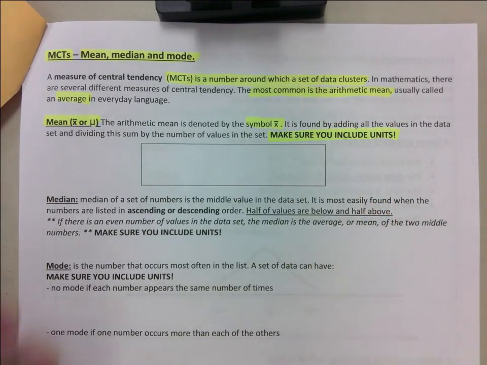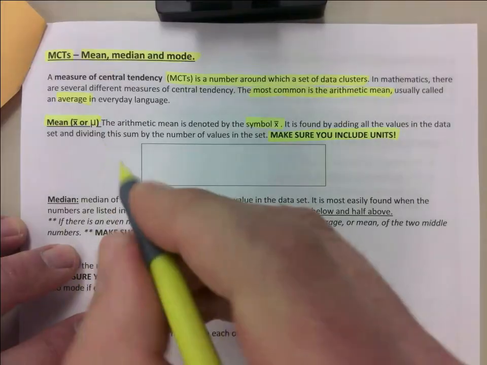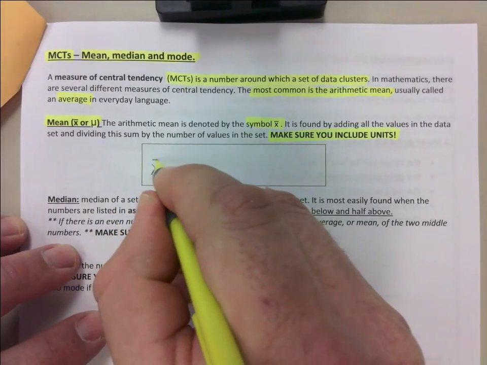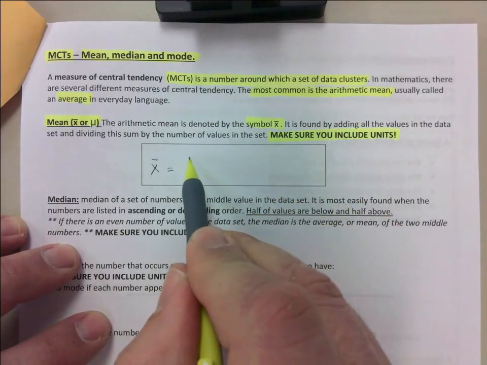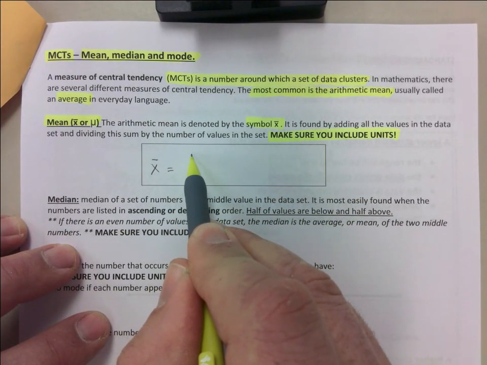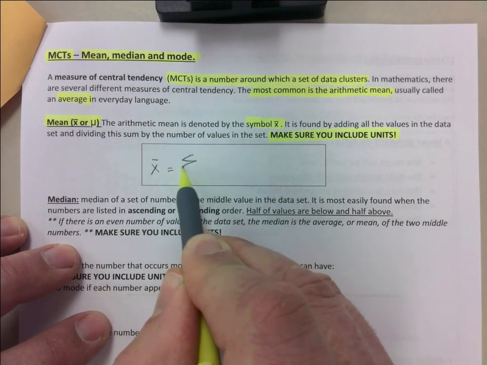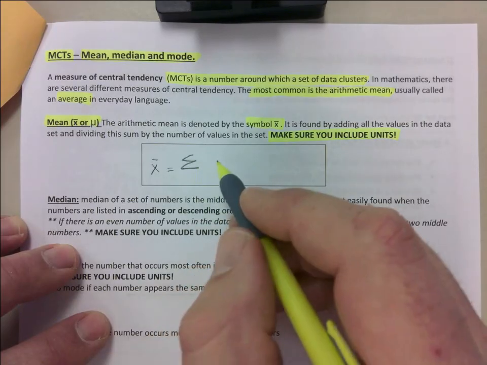So here's your first formula that I would like you to add to your study sheet. Mean is, how do you say the sum of all numbers in math? This is the sigma, which some of you are going to like that one, right?